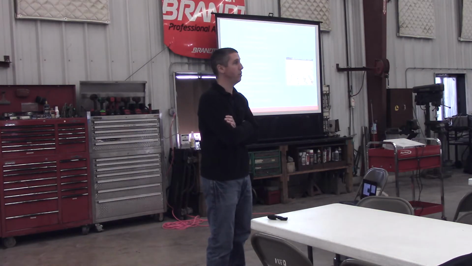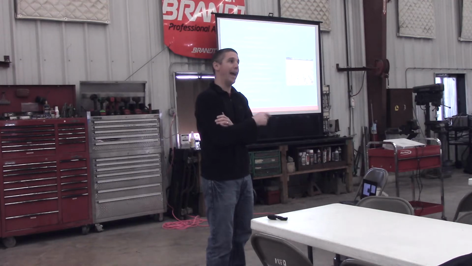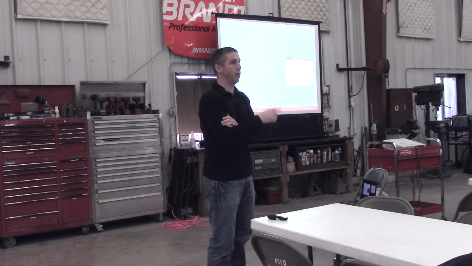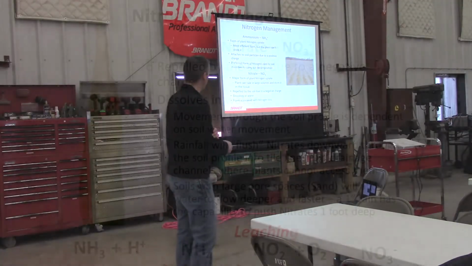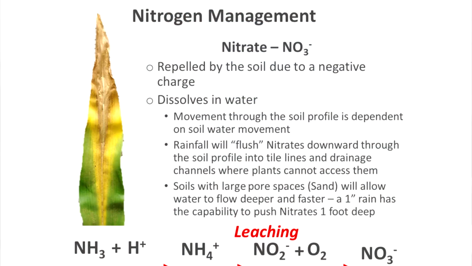The plant can only use ammonium nitrogen on an as-needed basis. So the plant calls for a protein to grow, it takes in ammonium nitrogen, and that's how it uses it. It can't store it. So we have a stable form up here, ammonium, and we got our volatile form down here.